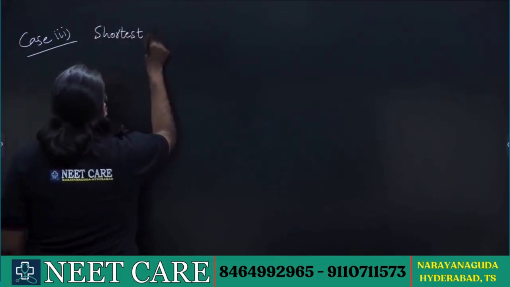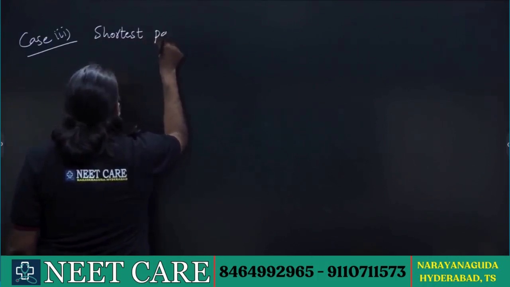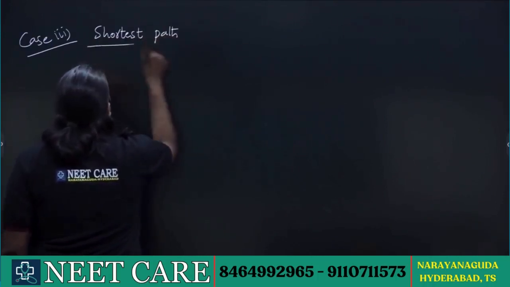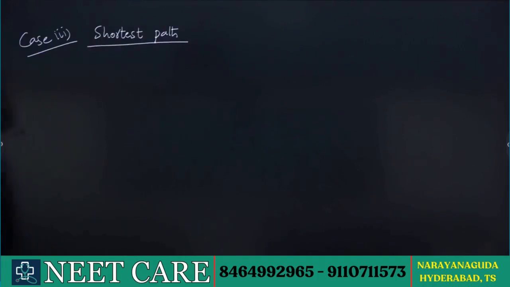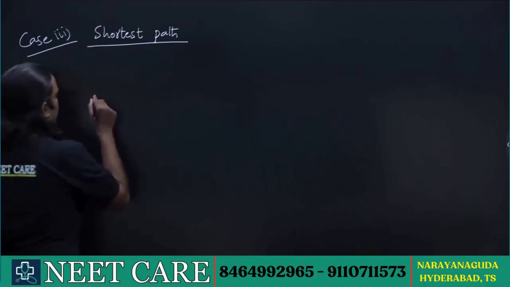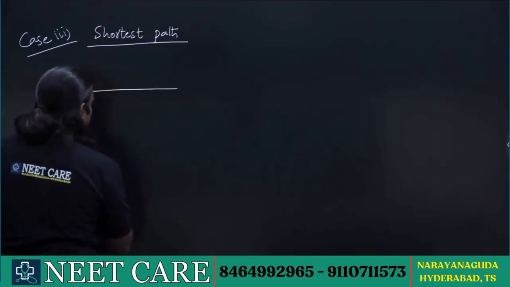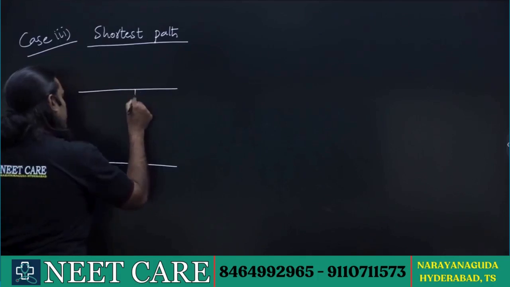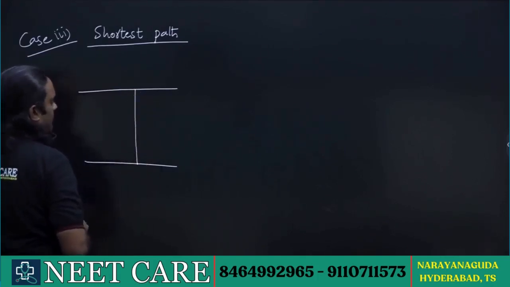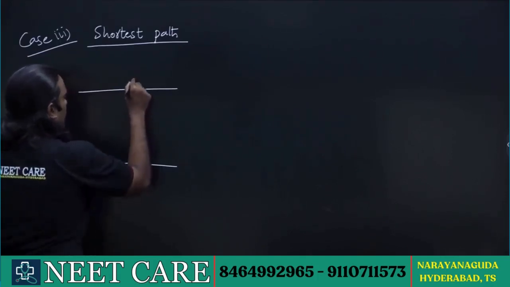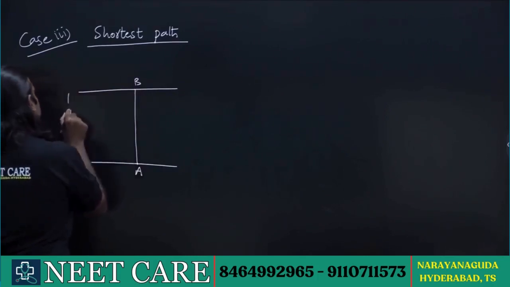If the boat wants to cross the river in the shortest distance or shortest path, let's focus on this. In the case of shortest time, now shortest path. So just to visualize, if the boat wants to cross the river in the shortest path, no doubt AB is the shortest path, is it or not?